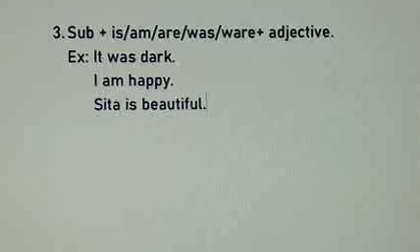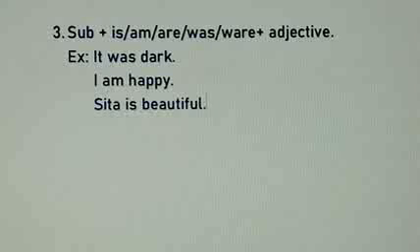How is Sita? Sita is beautiful. So dear students, the three examples that I have given to you are all based on the given structure: subject, then auxiliary verbs, and then the selected adjectives.